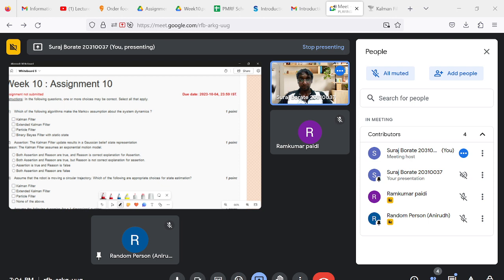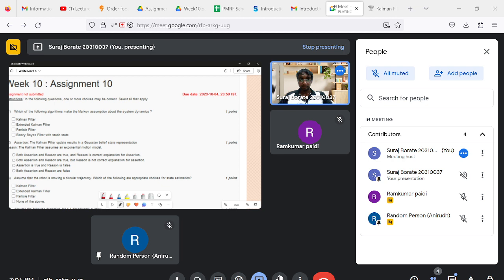Look at the measurement noise model and the motion uncertainty model. The reason says that the Kalman filter assumes an exponential motion model. The exponential term is a non-linear term, right? So you have to check whether the Kalman filter works for non-linear models. I will not tell the answer.